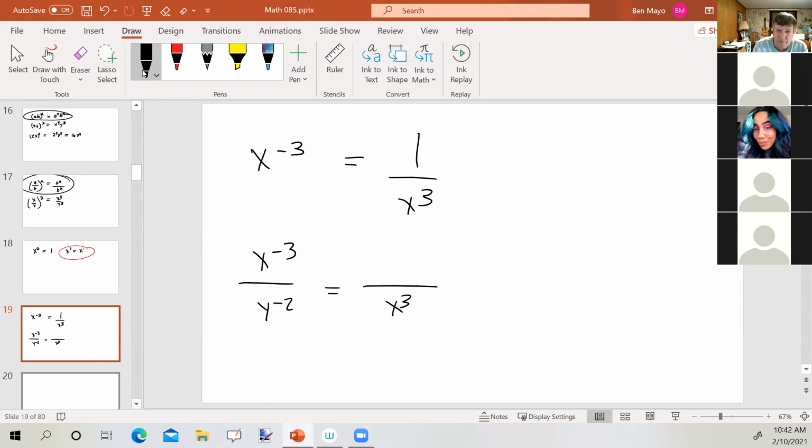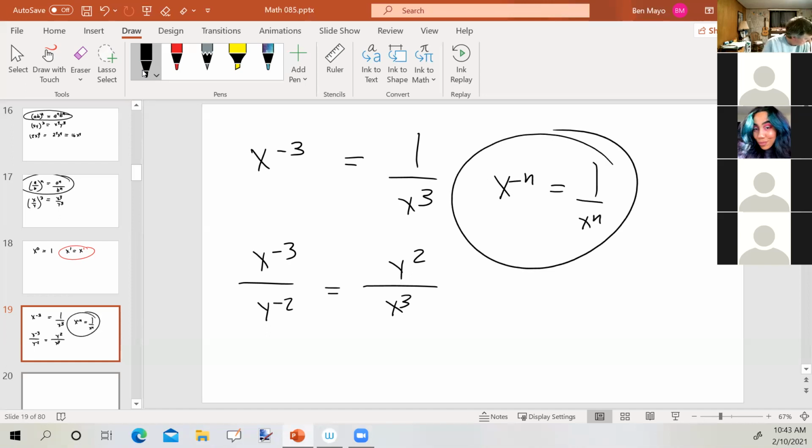The y to the negative 2 power down below goes up above and becomes y to the positive 2 power. So if you have a base with a negative exponent, you can move it across the fraction bar and change the sign of the exponent in this context. And in general, it looks like this: x to the negative n equals 1 over x to the n. Okay.